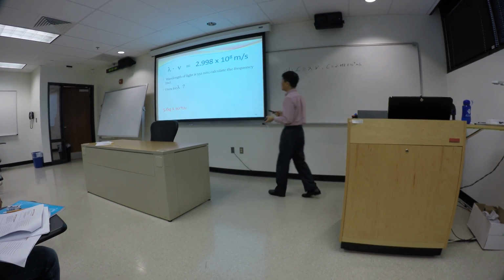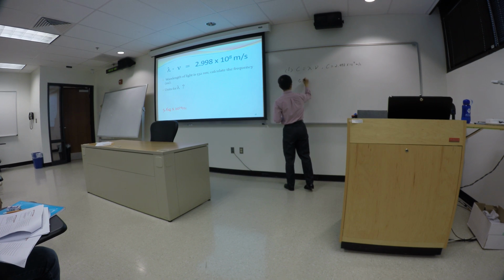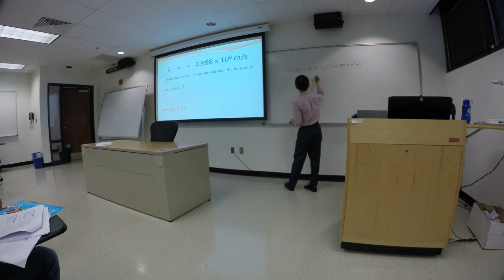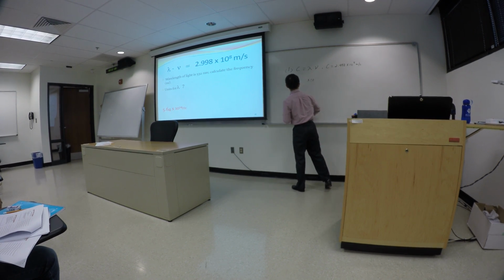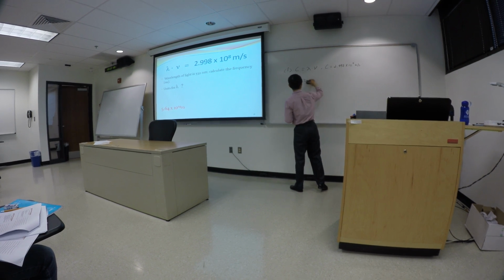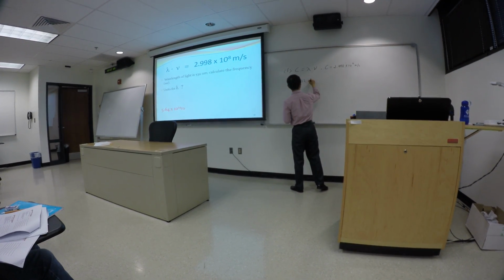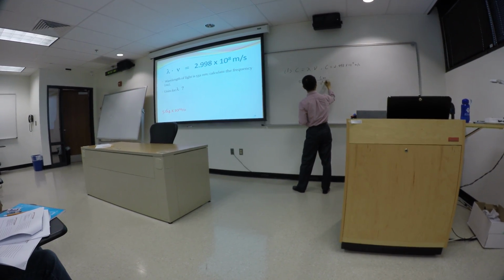When you do the calculation, in this case, we have 532 times 10 to the, well, we just use 532 instead of 5.32. This is in nanometers. Each meter is 10 to the 9th nanometers.